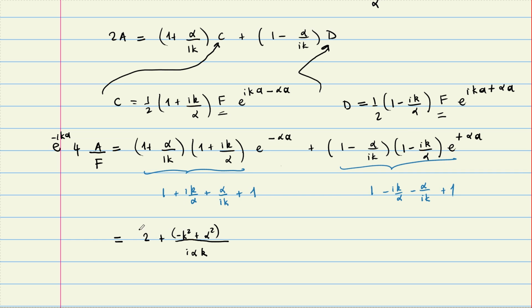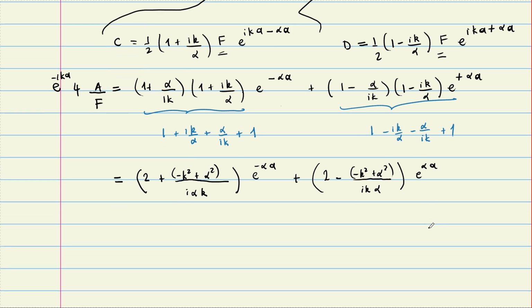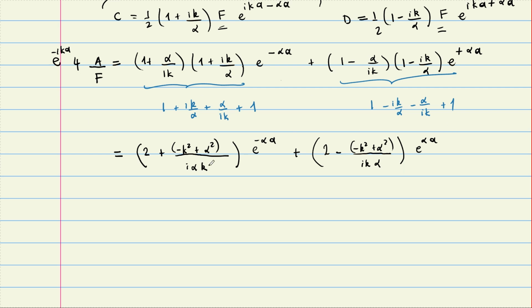And this is e to the minus alpha a plus, so the same thing, 2 minus k squared plus alpha squared divided by i k alpha, e to the alpha a. So, okay, now here is this result.